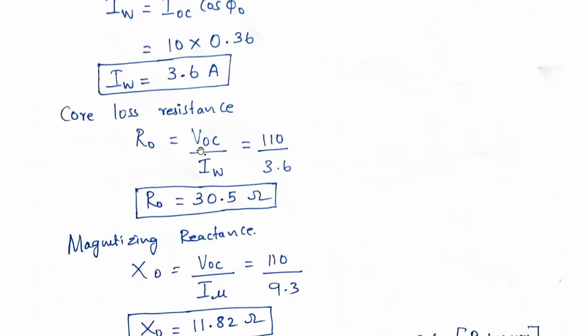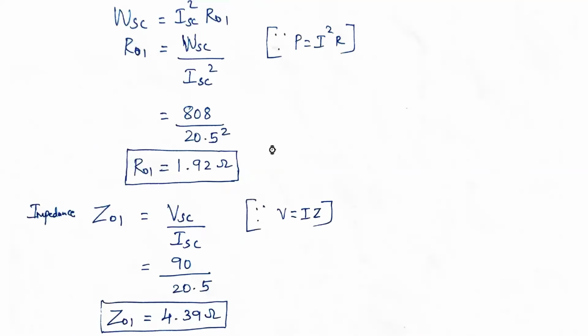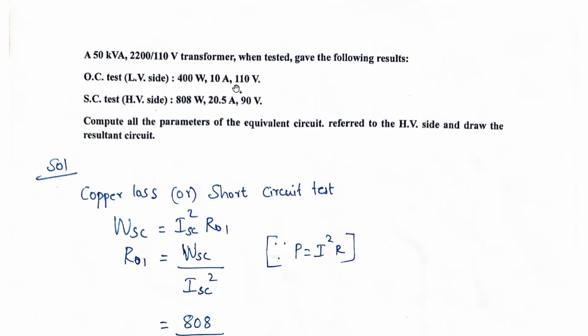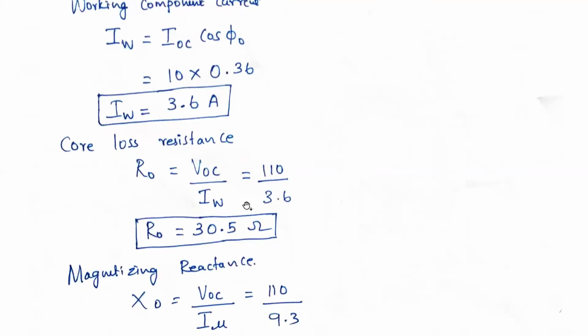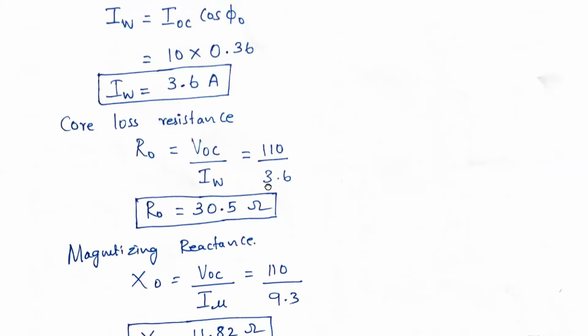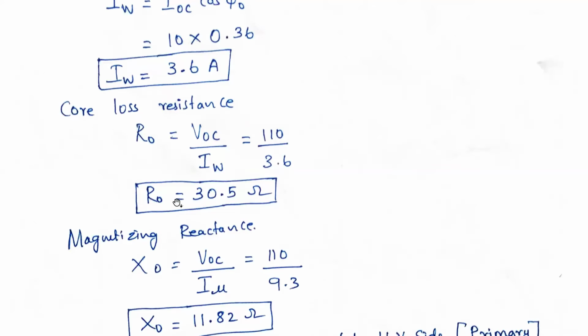R0 is equal to V_OC divided by I_W. V_OC is 110 volts, given in the problem, divided by the working component 3.6. On simplification, we got R0 as 30.5.